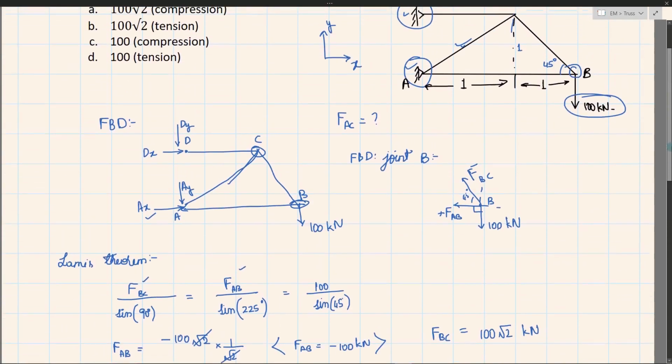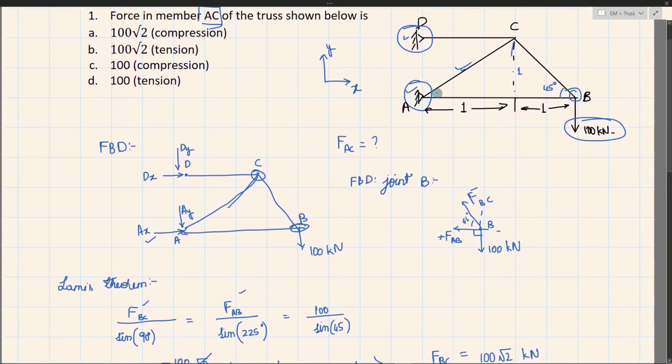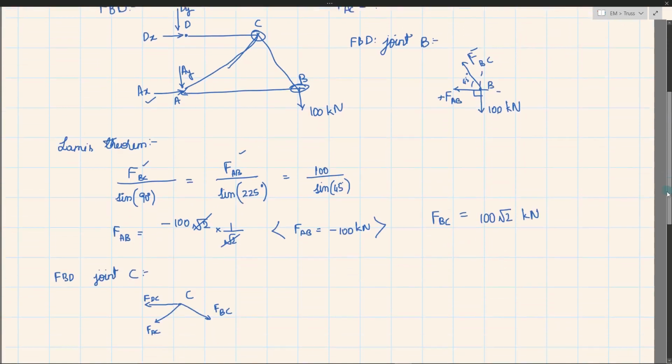So in this triangle, this angle is 45 and this angle is also 45. If this angle is 45, then this angle is also 45, right? Basic geometry.